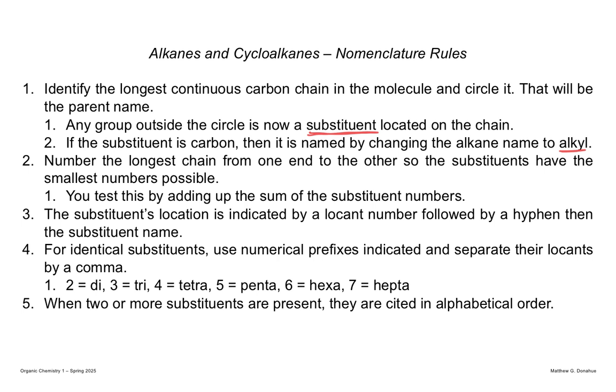We use additional numerical prefixes. That's shown in this step 4. And then the logic of it is any substituent present is just listed in alphabetical order. There's a little nuance to this, but as you'll see as we walk through, it's self-explanatory.